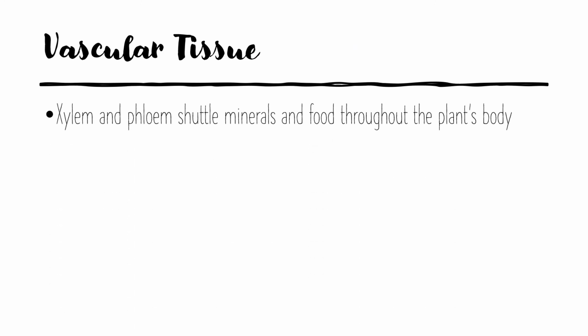Okay, so the transition from water to land selected for vascular tissues, which accommodate the division of labor between roots and shoots. As we know, roots absorb water and minerals while shoots produce food. Xylem and phloem shuttle these materials throughout the plant's body.